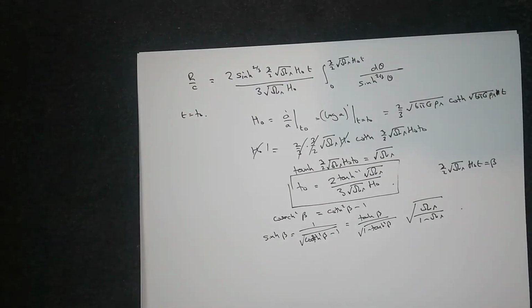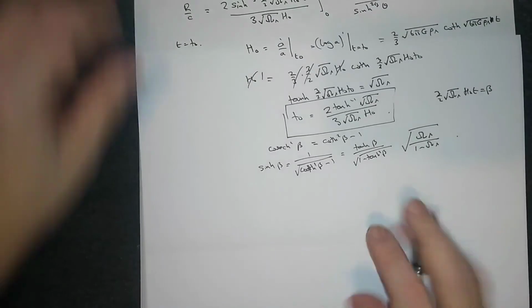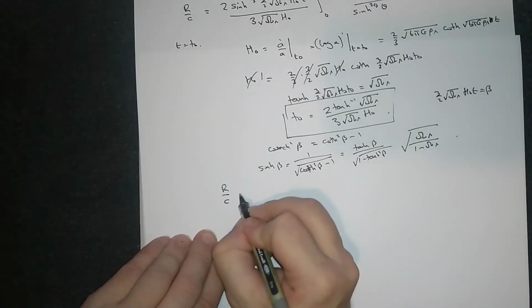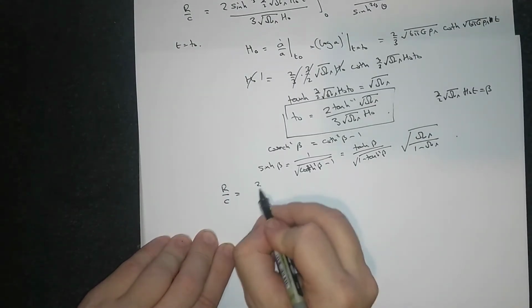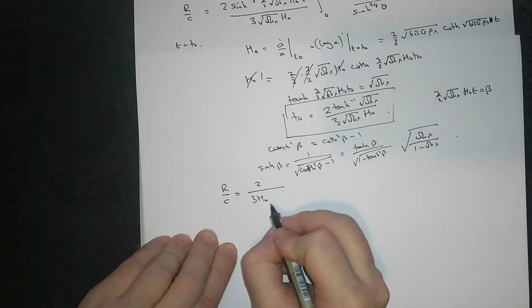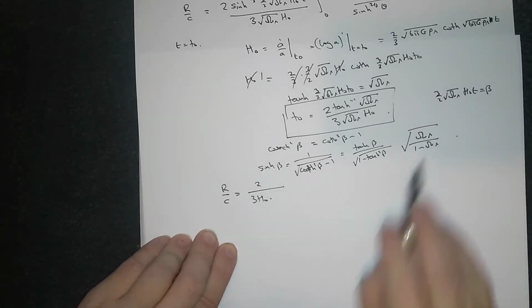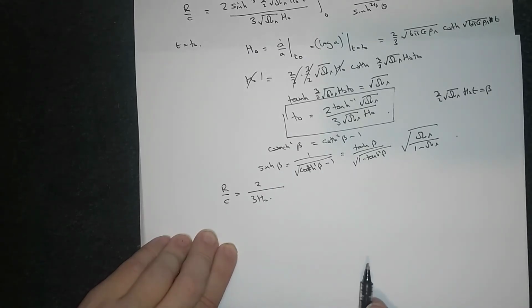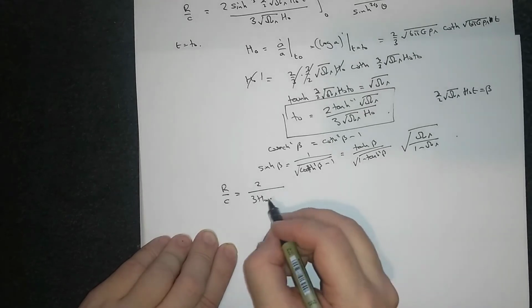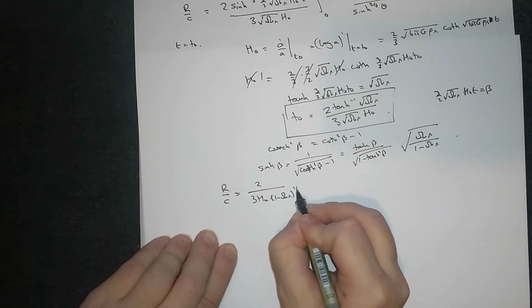So this thing gives me R over C is 2 over 3 H naught. We want this to the power 2/3, so we'll end up with a 1 minus omega lambda to the 1/3.